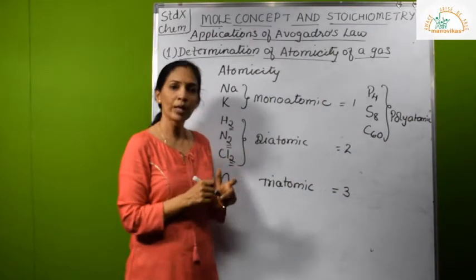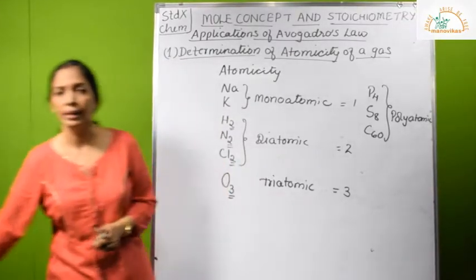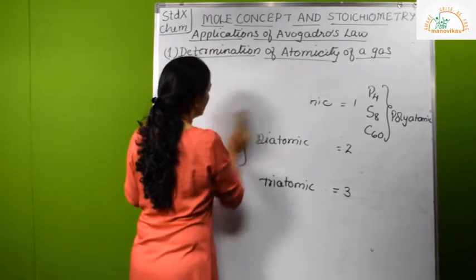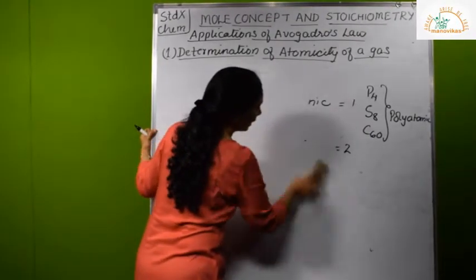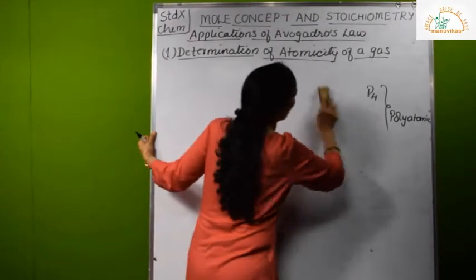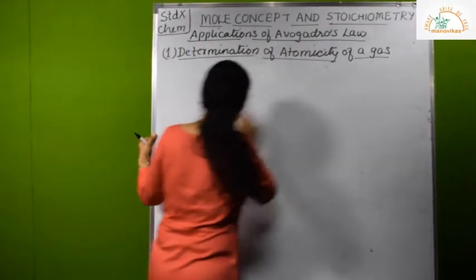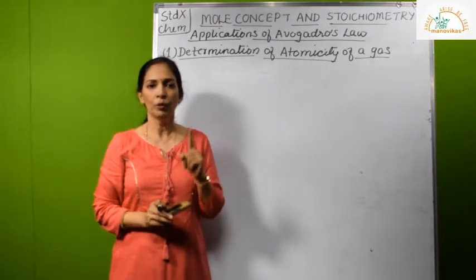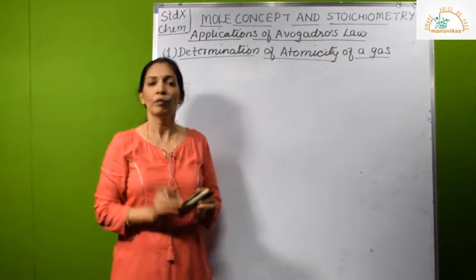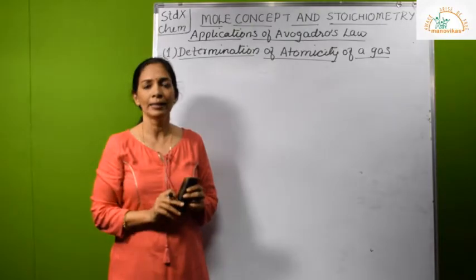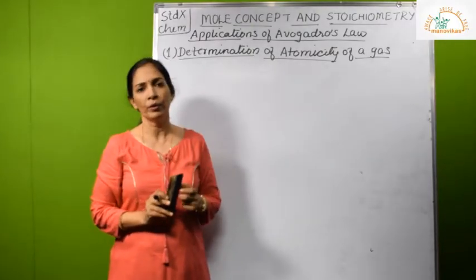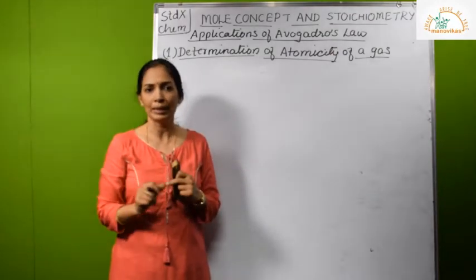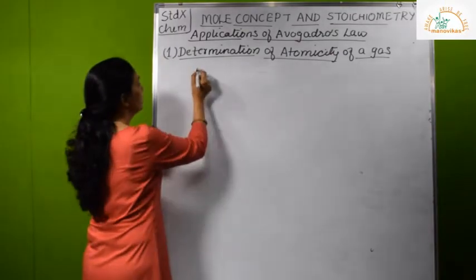So let us see how to calculate atomicity of a gas by applying Avogadro's law. Let us suppose we want to calculate atomicity of hydrogen or chlorine. So we will take that example. Experimentally it is found that 1 volume of hydrogen gas combines with 1 volume of chlorine gas and forms 2 volumes of hydrogen chloride gas. We know this equation, H2 plus Cl2 is equal to 2HCl. So let us write down this in words.